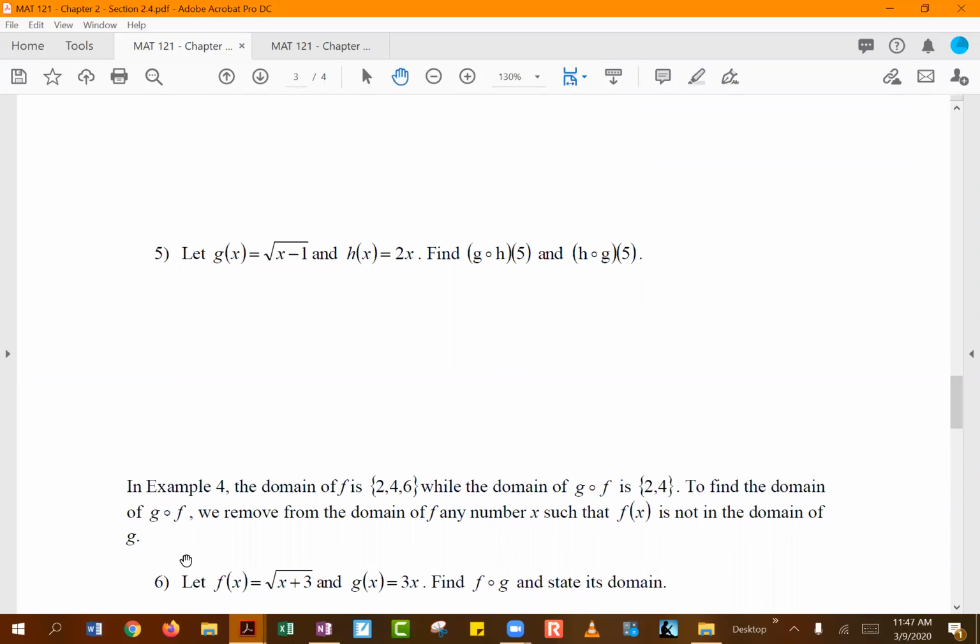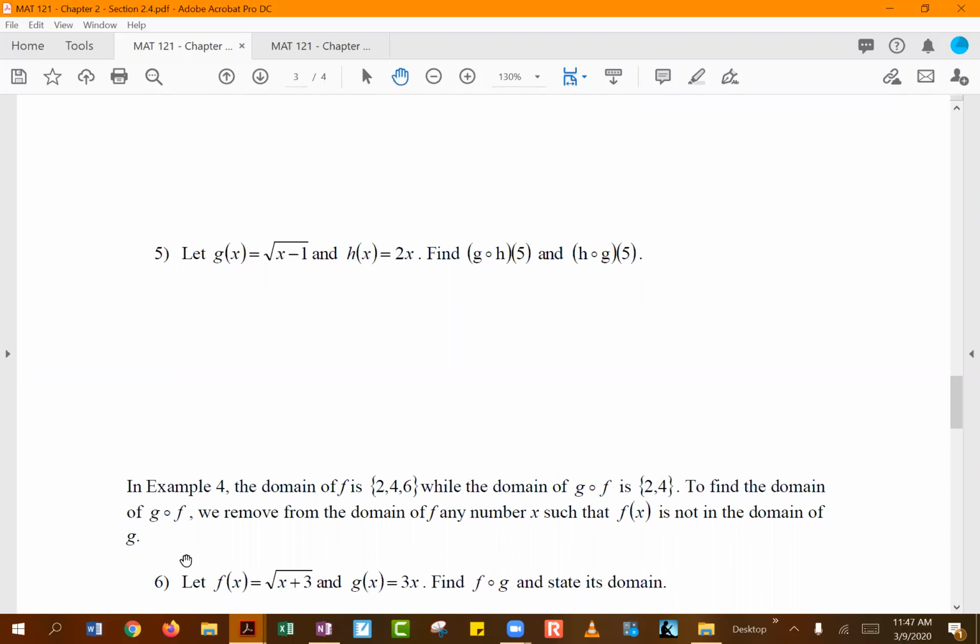They're just showing you how the domain of the inside function can match with the domain of the outside function and how it affects the result. My outside function, which was the g function, did not have 8 as part of its domain, and that's why I was not able to use that ordered pair 6, 8 from my f function in the composition. So domain is something you're going to have to be very careful about.